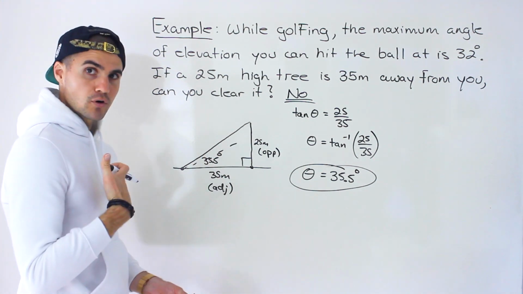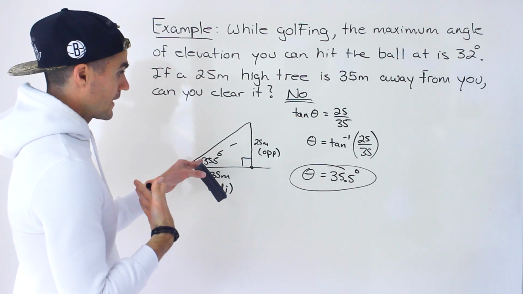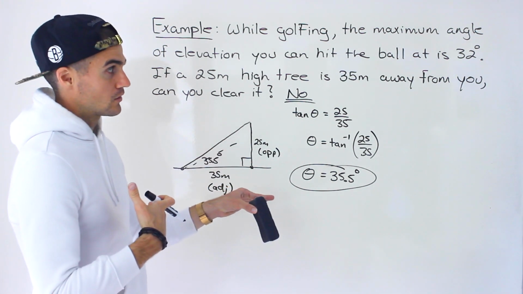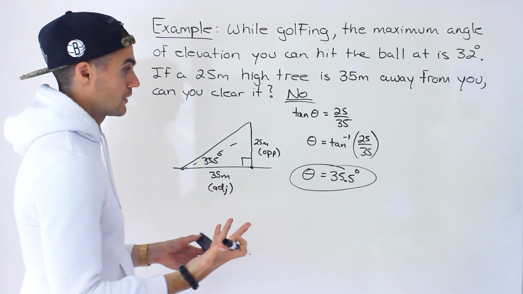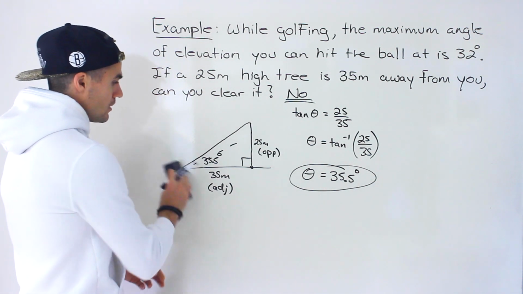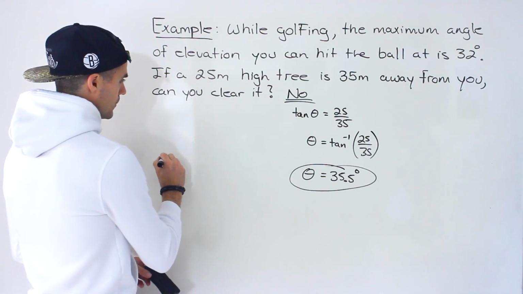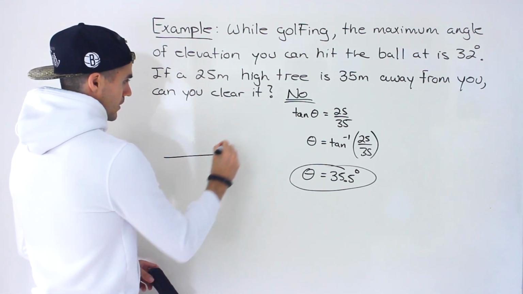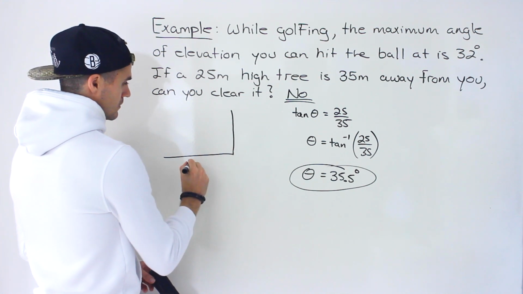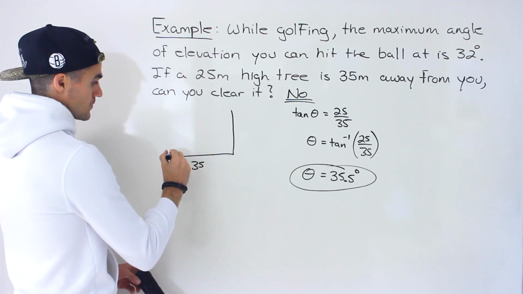Okay, so that's my preferred way to do it, is finding out what that angle is and then comparing that angle to the maximum angle at which you could hit the ball at. Now, another way to do it is, if you think about it, we have this tree here. Let's say we have a tree, it's 35 meters away from us.